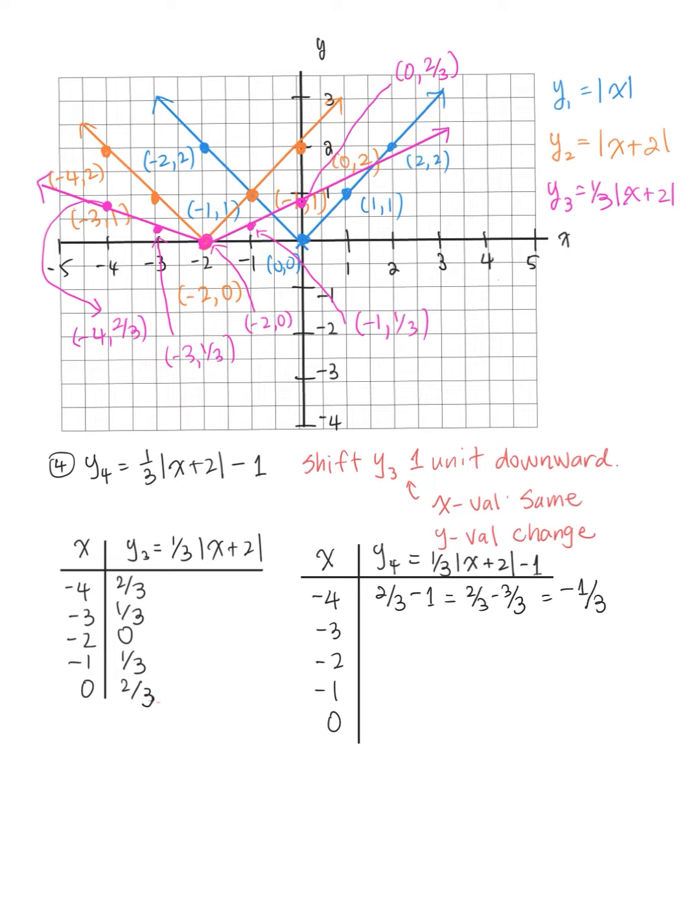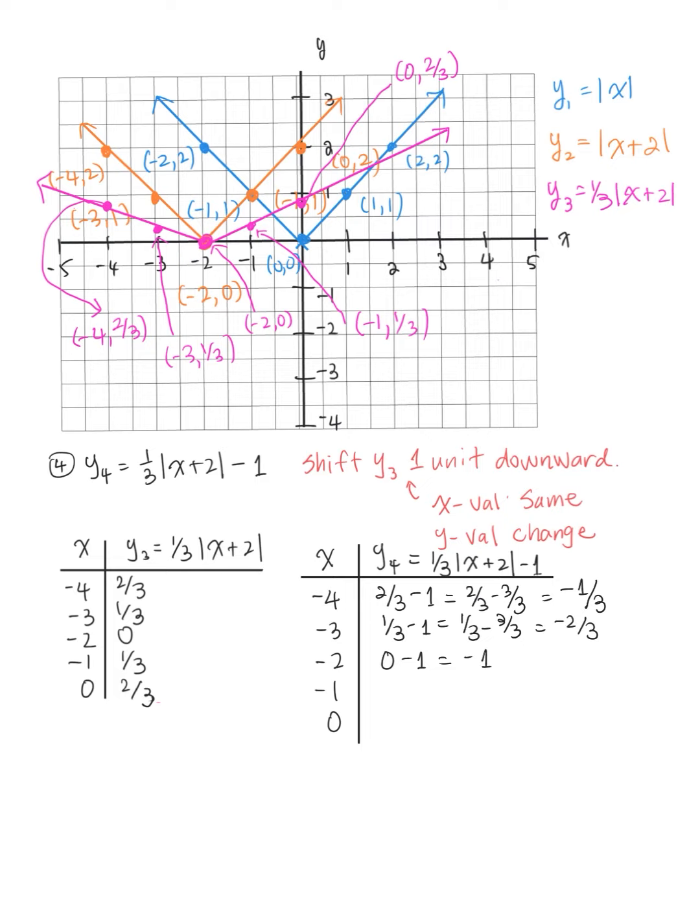And then when x is -3, we're going to have 1/3 and then -1, which is 1/3 minus 3/3, which is -2/3. And the next one is when x is -2, we're going to have 0 minus 1, so this is going to be -1.